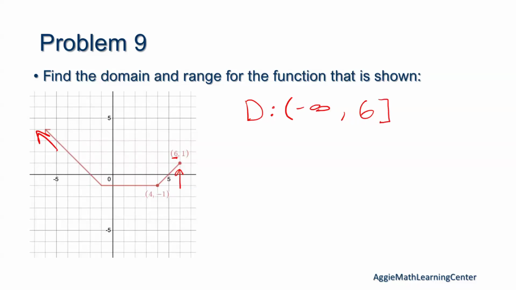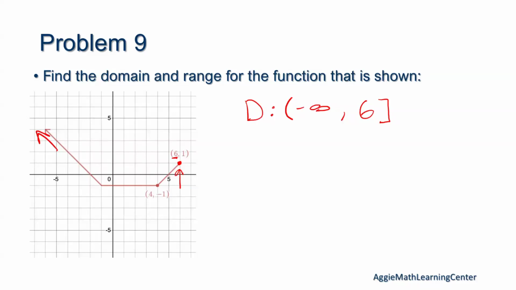And do you know why? That's okay. It's just because it actually touches this point right here. This is filled in. If you had a point like this, if it said this at the very end, it wouldn't be touching that point. And that's the case where you would just use a parenthesis. But here, since it's actually touching the point, we are going to keep it inside of our domain.